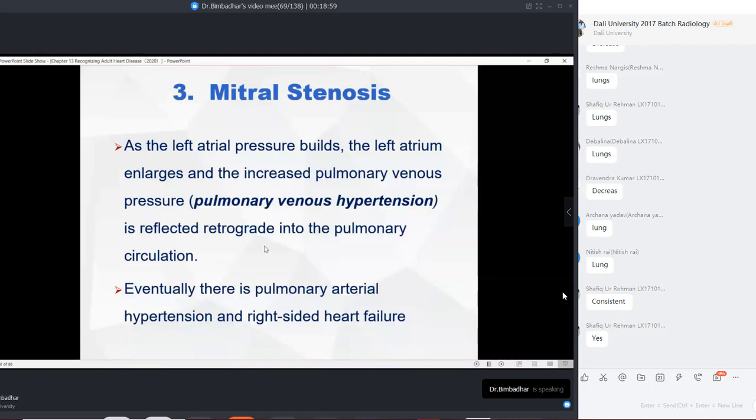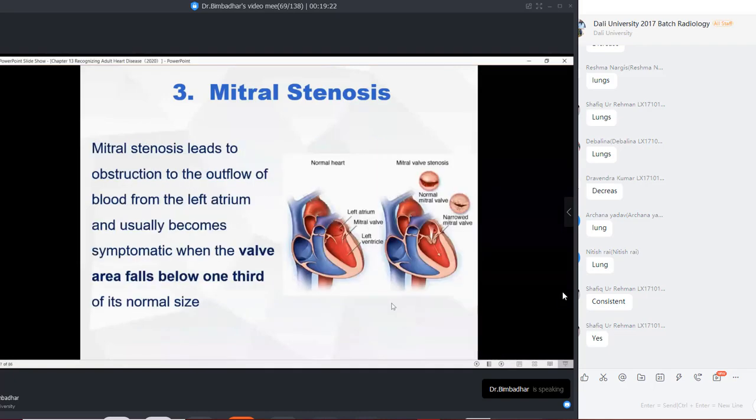So the pooling of the blood happens from the artery to the venous side, so increased pulmonary venous hypertension, right? It is because of the retrograde pulmonary circulation, and eventually there is pulmonary arterial hypertension and eventually right-sided heart failure. So first left-sided heart failure, and then right-sided heart failure. Okay.